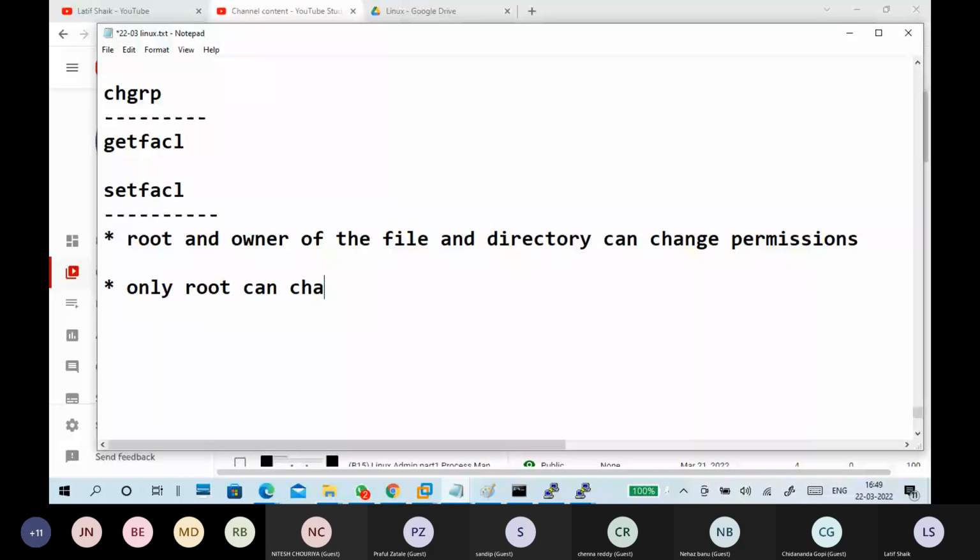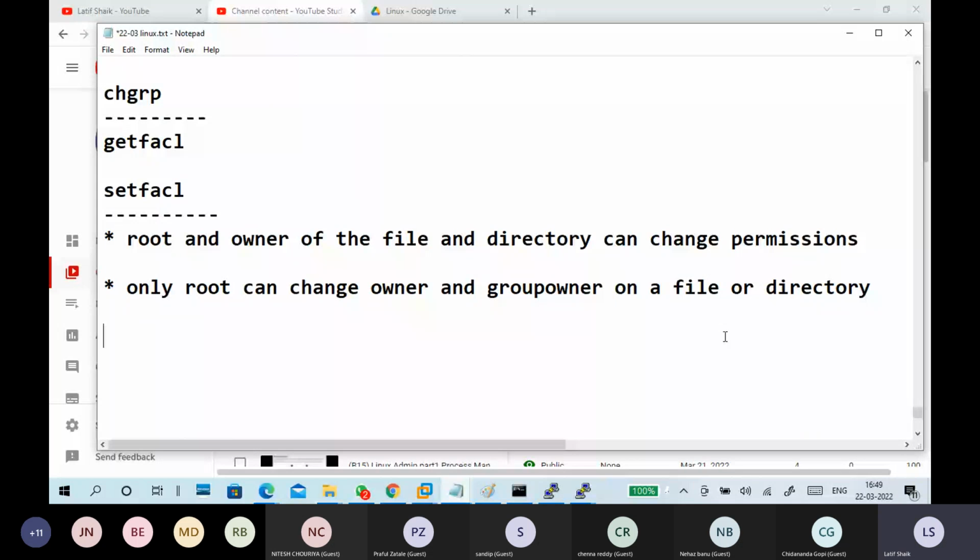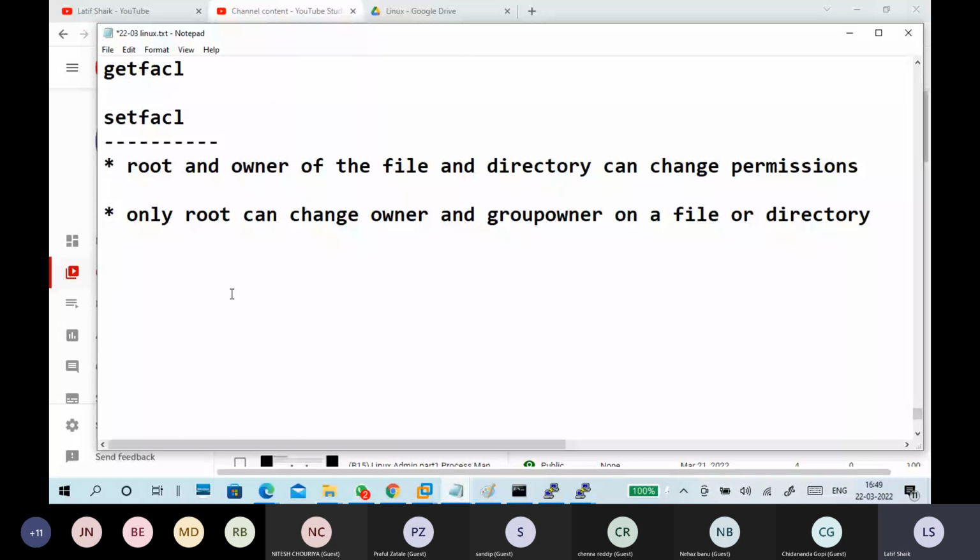Owner and group. Group means the group owner of your file or directory. Keep this in mind before you do it, guys.